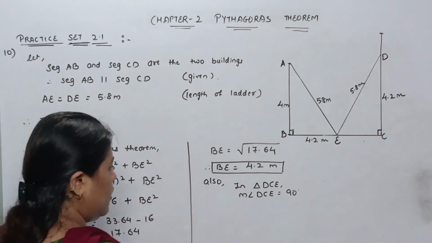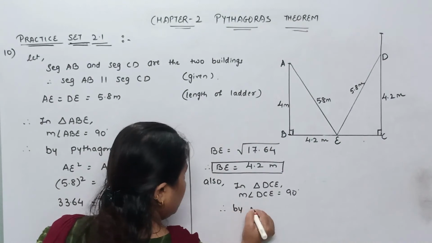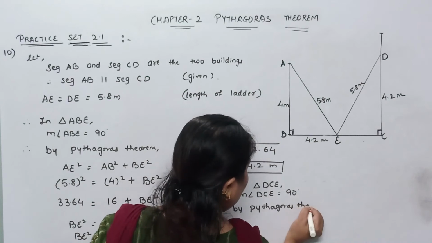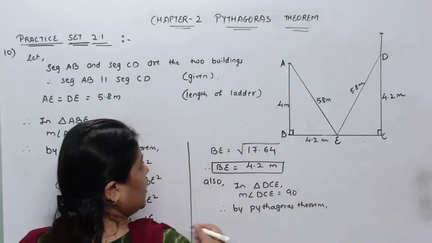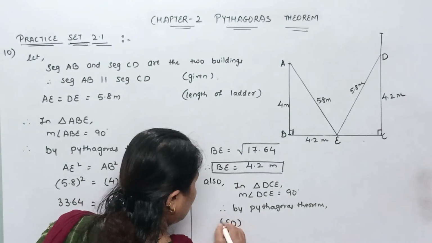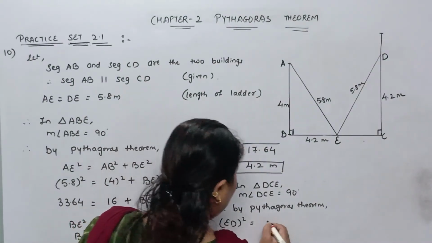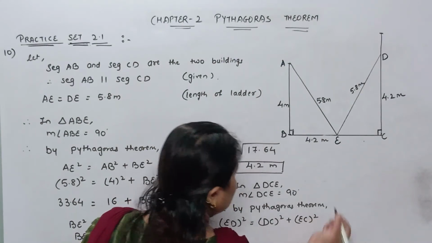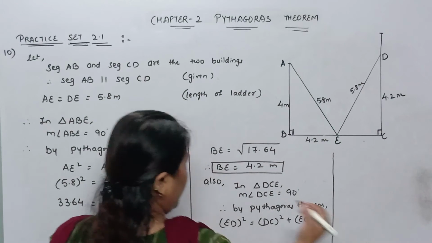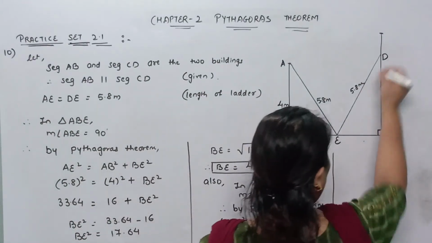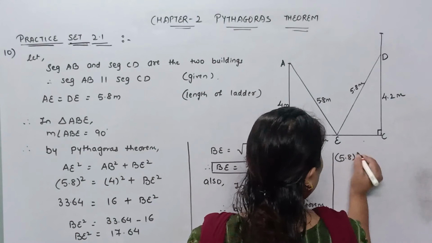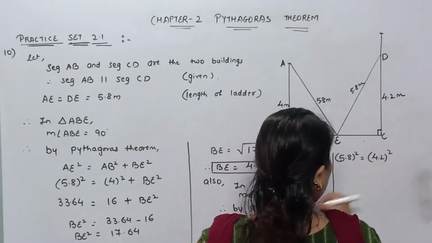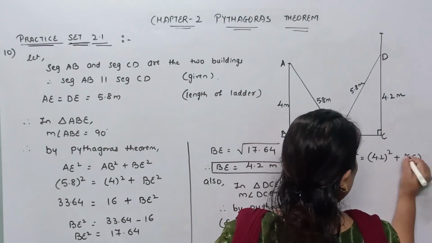Therefore, by Pythagoras theorem, ED square is equal to DC square plus EC square. Right? So, what is ED? ED is 5.8 the whole square. That is equal to DC is 4.2 the whole square plus EC square.